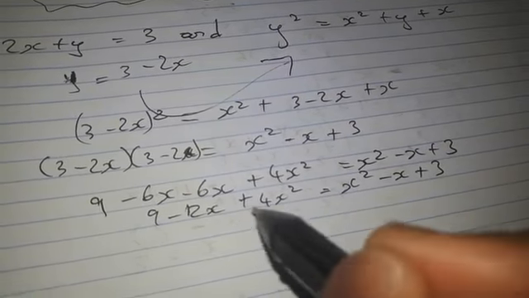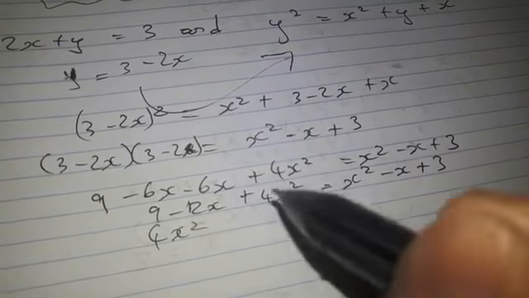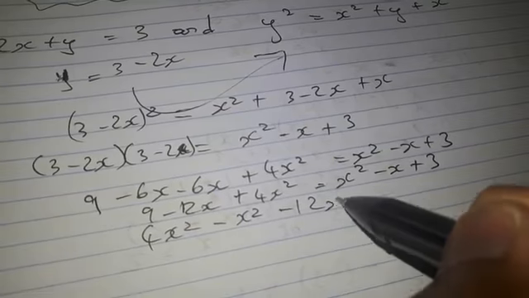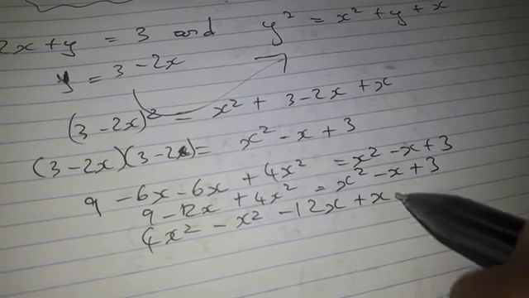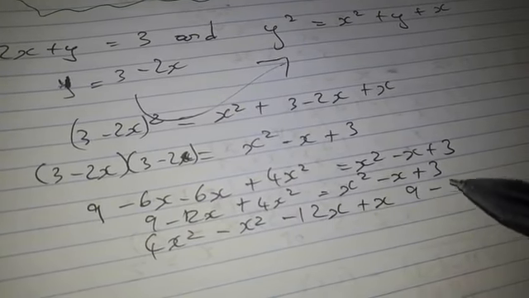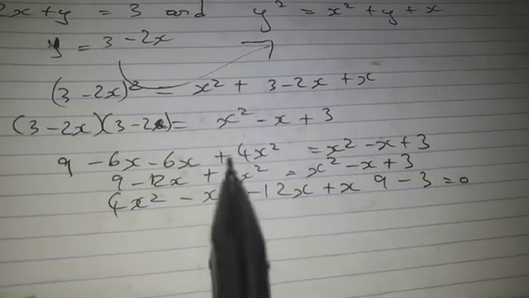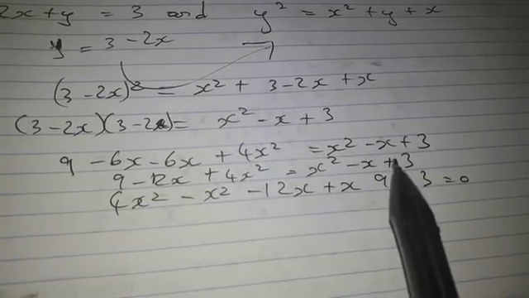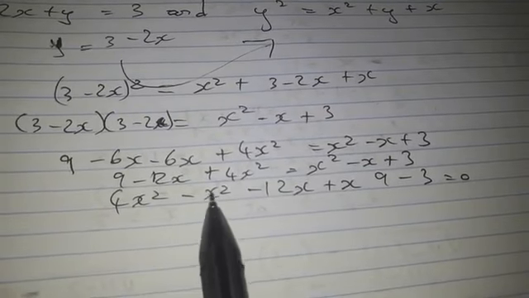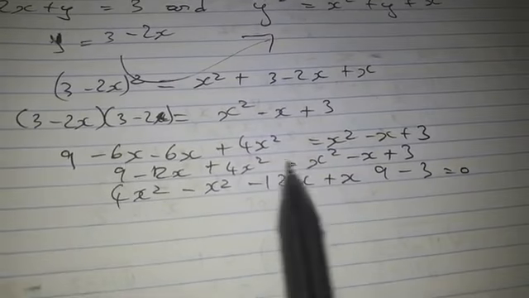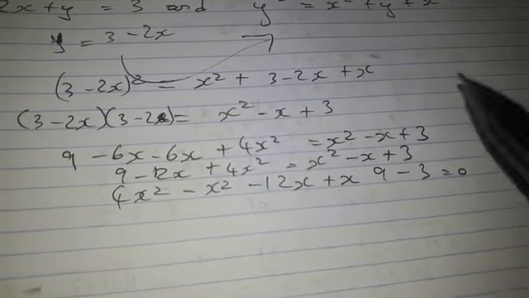And then obviously it's easier to take your values to the side that has the biggest values. So this is just going to be a plus x, and then this is 9 minus 3 equal to 0. I took these and I was putting them in order. So you see, this is that, and when this goes over it becomes a minus. This is that, and when this goes over it becomes a plus. This is that, and when that goes over it becomes a minus.